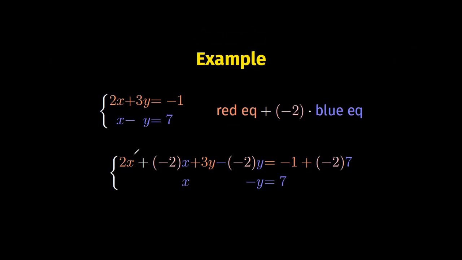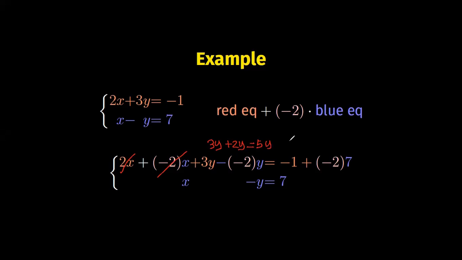So now finally you can see that here you have 2x minus 2x, and we can cancel them. Here you have 3y minus 2y. That means 3y plus 2y, which is equal to 5y.